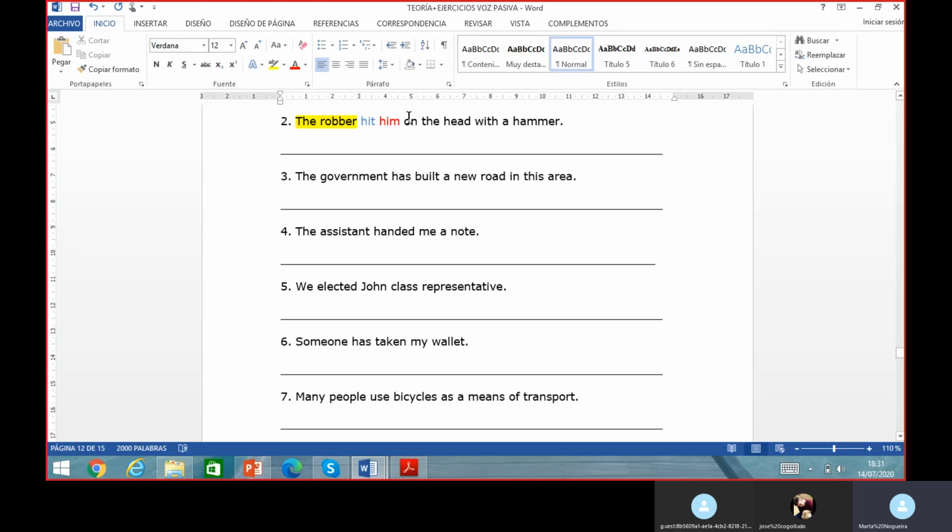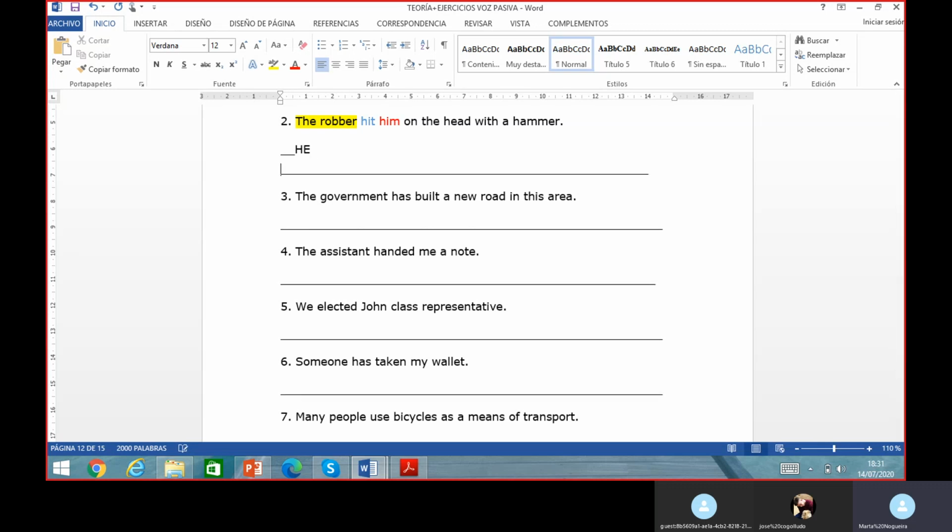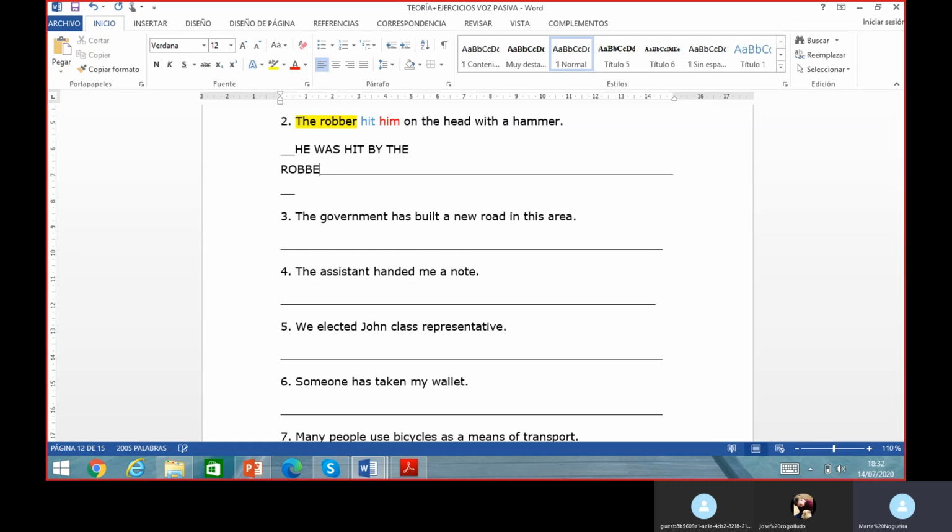So we can decide, which is going to be the subject in our passive sentence? He was hit by the robber on the head with a hammer. Or he was hit on the head with a hammer by the robber. So normally the complements can be at the end or here. So where you want.